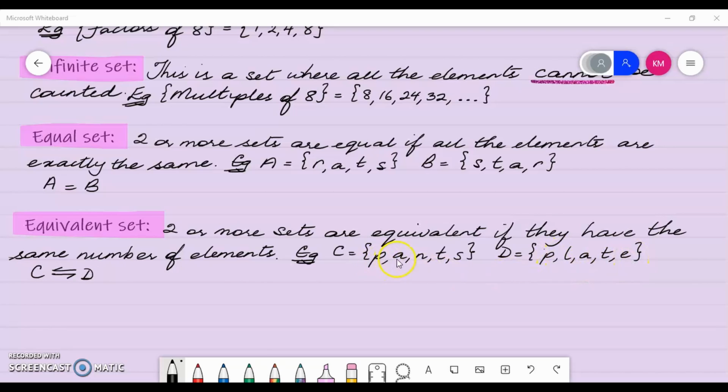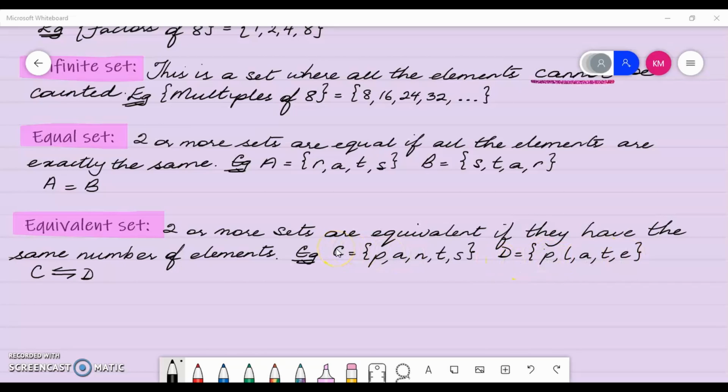Now notice that each one of those elements are not exactly the same as the elements of the other set, right? But what we do have is that both sets have the same number of elements. So I have C having 5 elements and D having 5 elements as well.